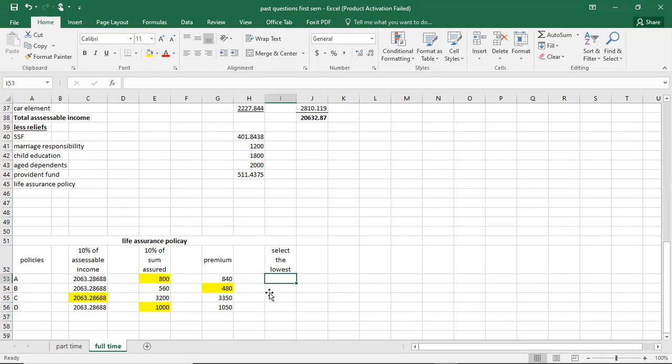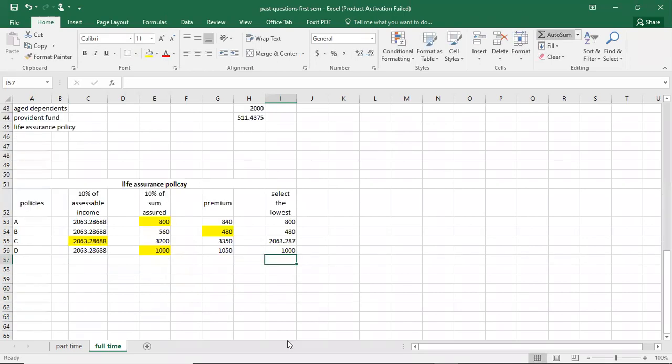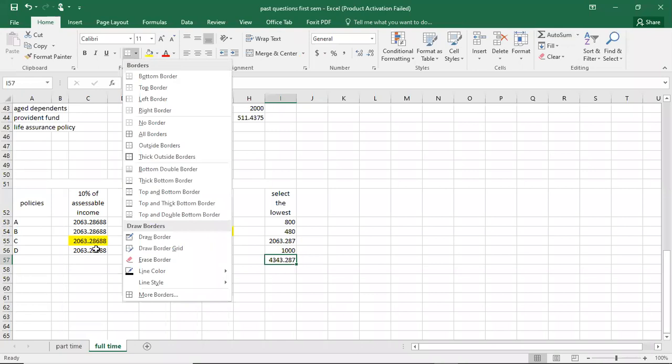So if I'm selecting, I'll pick this one. I'll pick this one, policy 2. I'll pick this one, in policy 3. I'll pick this one in policy 4. And so the total policy sum here is equal to 4343.287.